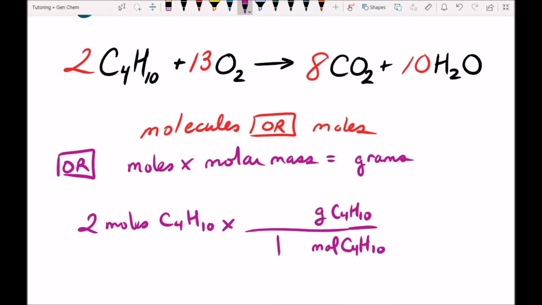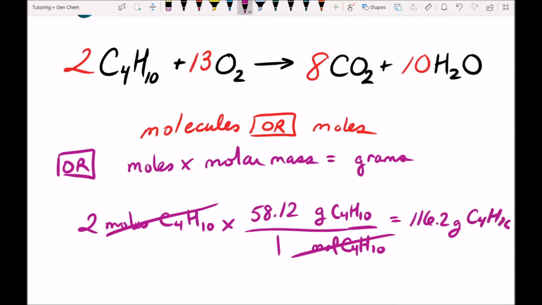So 1 mole of C4H10 weighs, or has a mass of, 58.12 grams. And we cancel out our moles of butane so that we get grams of butane, and that gives us 116.2 grams of C4H10. So 2 moles of butane is 116.2 grams.